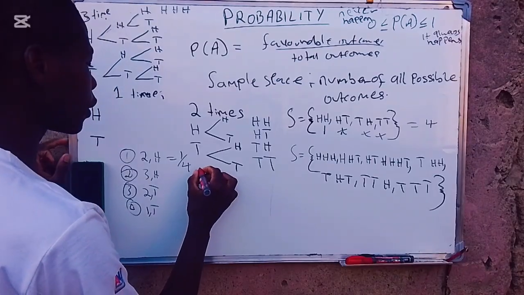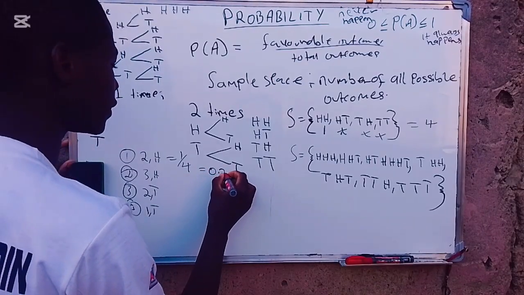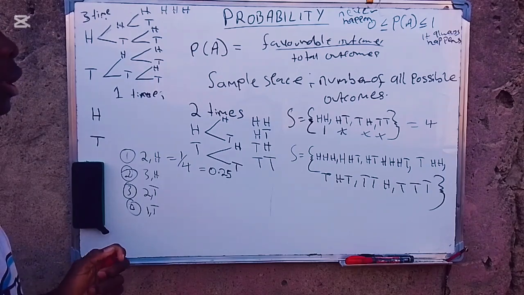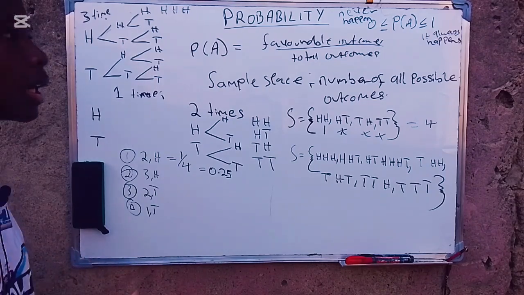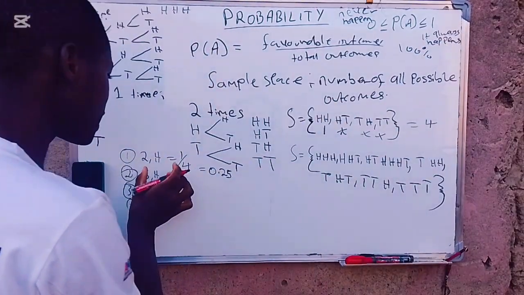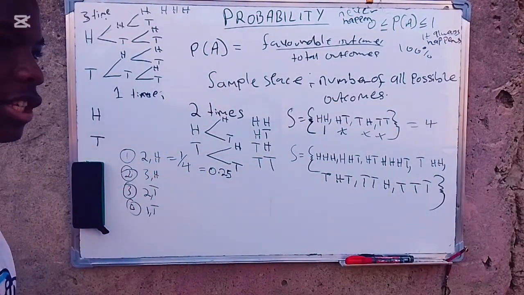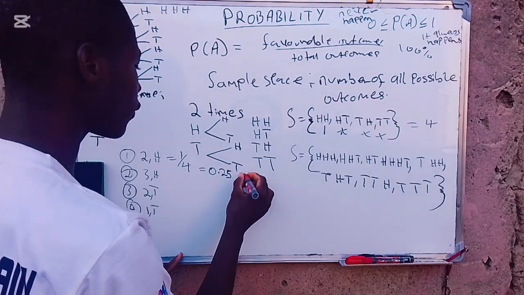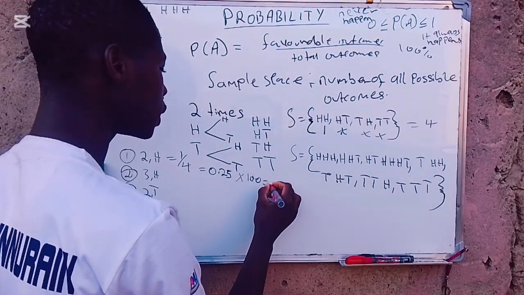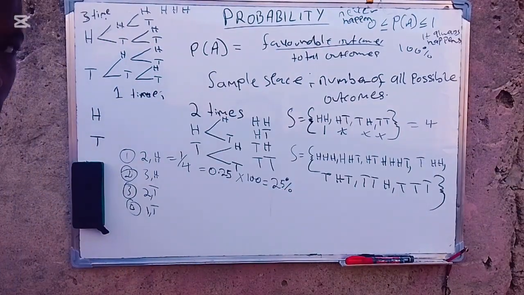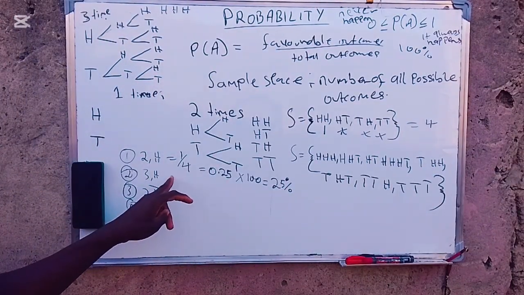Then there are what we call the chances, which is out of 100%. So the chances of getting at least 2 heads is 0.25 multiplied by 100, which equals 25% chance.